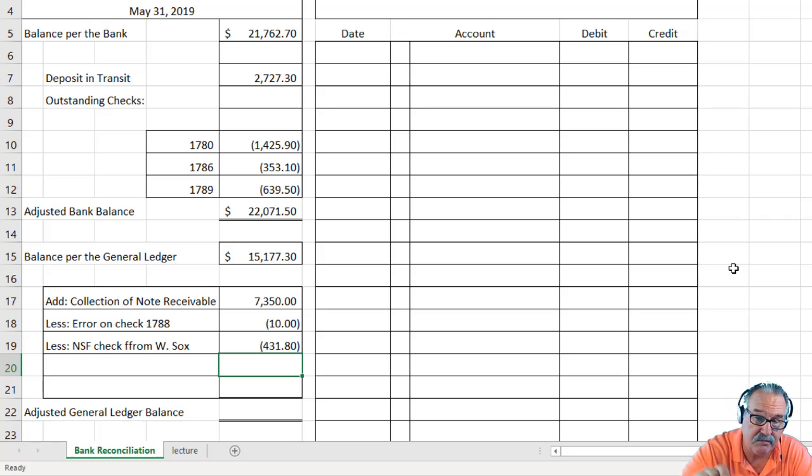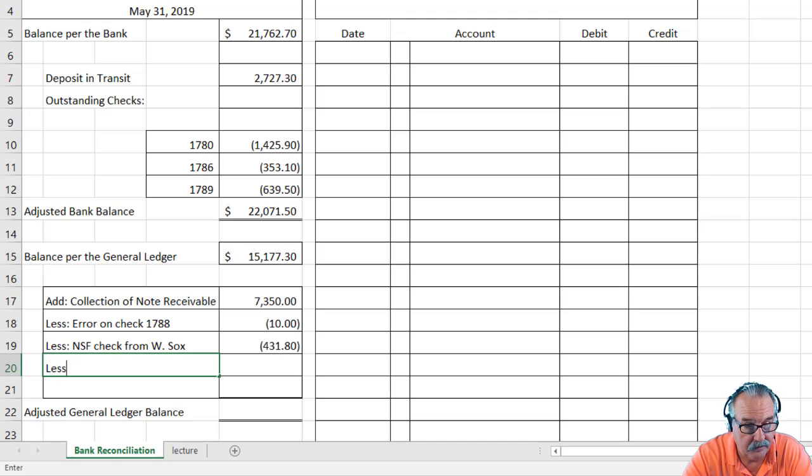And most importantly, we need to go back to the customer, Mr. or Ms. Sox, and say, hey, your check bounced, and unless I get paid right away, I'm going to charge you triple the amount that you owed me, which is, the law says you can do that. If somebody bounces a check, you can literally sue them for triple the amount of the check.